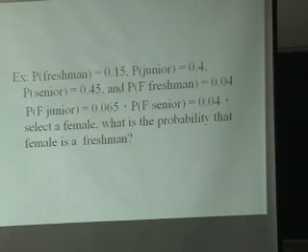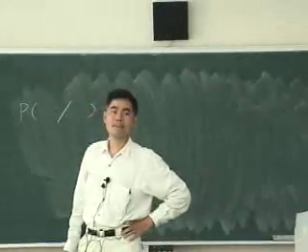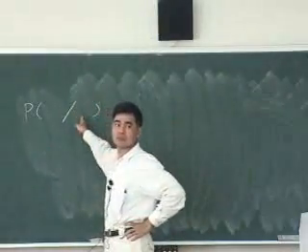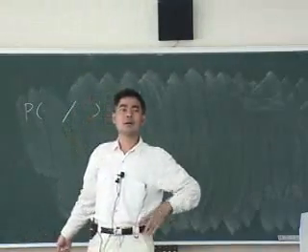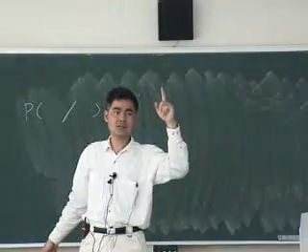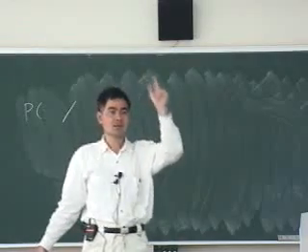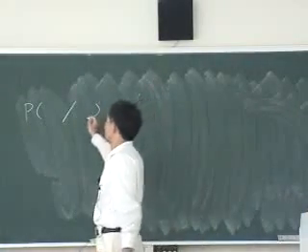What should be here? You will select a female, and what is the probability that this female is a freshman? What should be here? The girl behind the girl with a pink coat, your turn. What should be here?